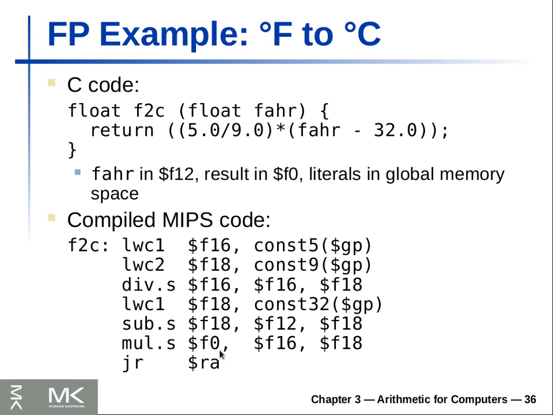And then we'll multiply what we got from here times the answer over here and store that into F0. The result's going to be in F0. Literals are in global memory space. And then you return. All right, everyone see how that happened? Any questions? Okay.